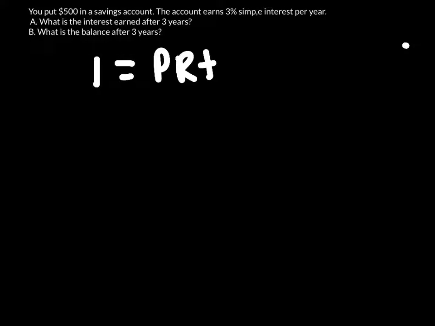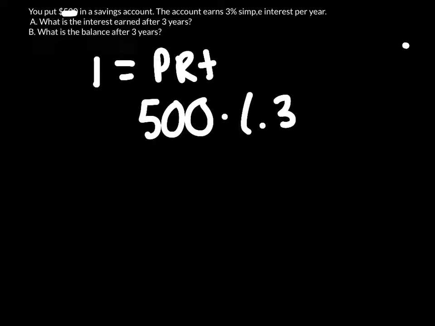So our principal, or the amount of money borrowed or deposited, is $500, times our rate, which we know is 3%, or 0.03. And then we know the time, which is 3 years.